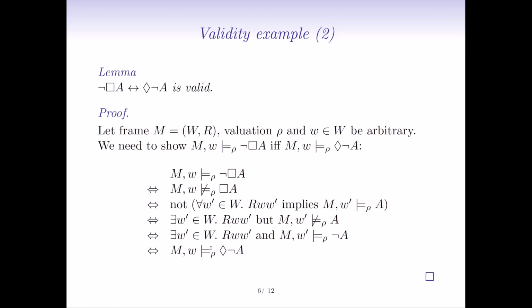And by applying the clause for diamond, there is a world which is accessible and where not A is true, which is exactly to say that W itself satisfies diamond not A. So we've gone from the left-hand side to the right-hand side, only using equivalences. I could also have worked my way from the right side to the left-hand side doing this.